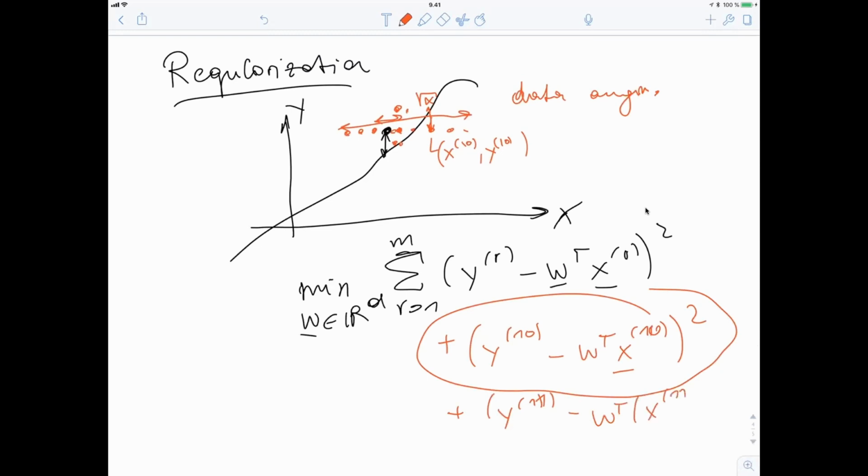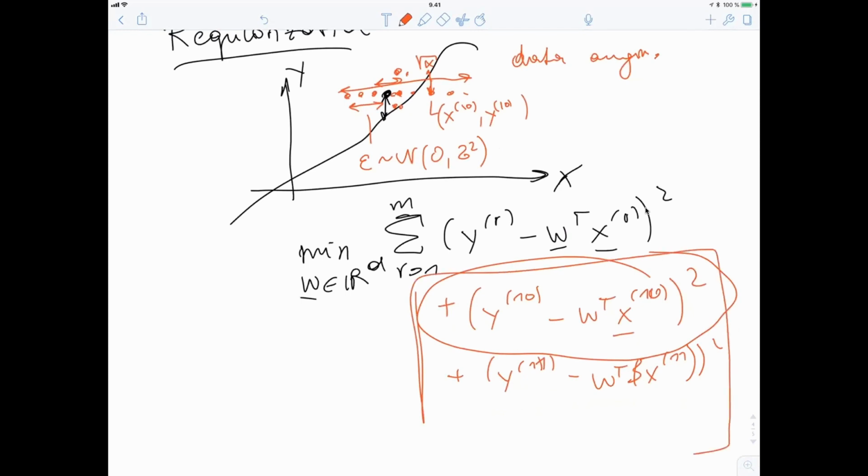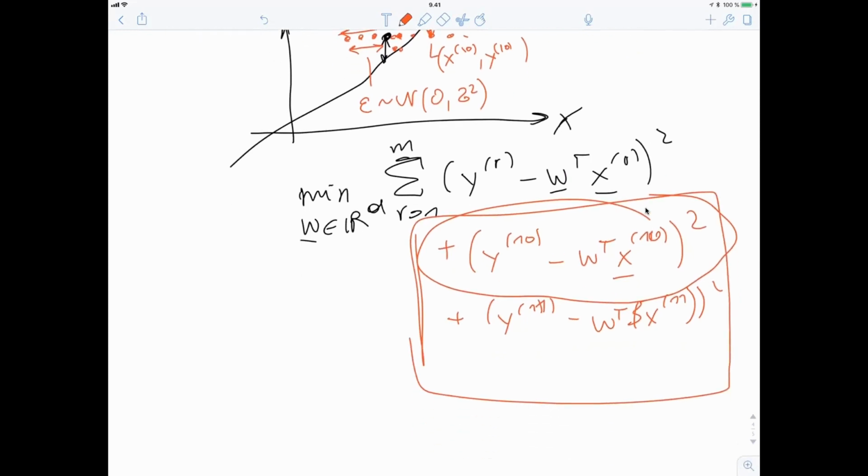If you generate these perturbations, epsilon, from a Gaussian distribution with a certain variance, then it turns out this sum converges via which law? Which law can we use to replace a sum of many terms with something easier? Which law have we heard about just before? The law of large numbers.